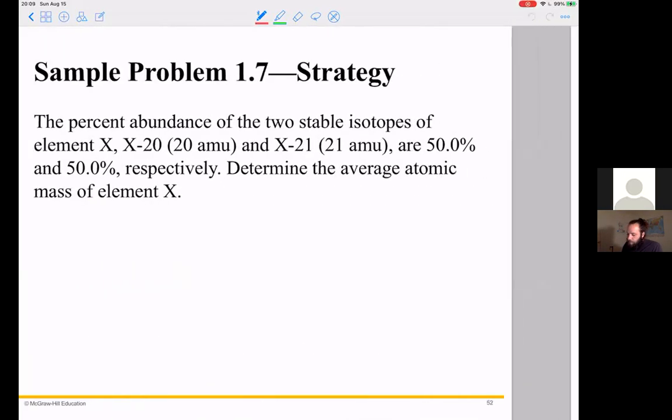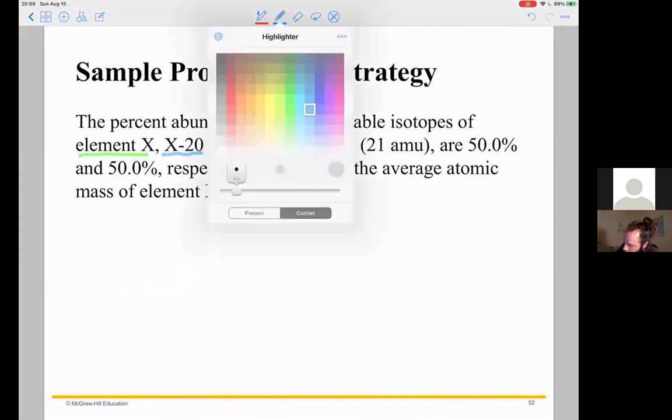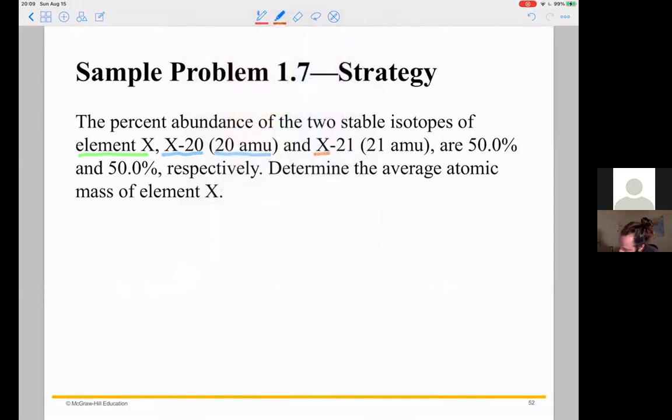So the first thing I wanted to do is a made up example that has really easy numbers. We're going to take element X, and it's got two different isotopes. The first isotope is X20, and we're going to say that that has an atomic mass of exactly 20 AMU. And then we have another isotope of element X, X21, and that has an atomic mass of exactly 21 AMU.